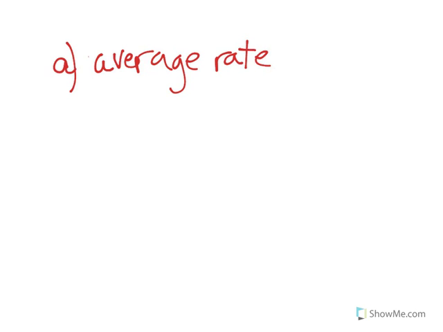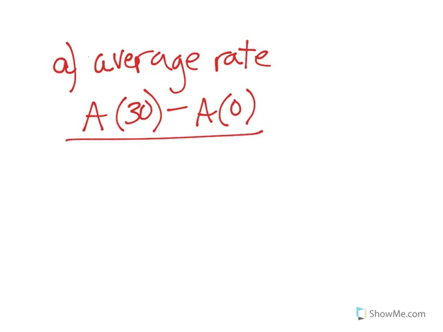I'm going to round it to the thousandths decimal. So on my page, we're going to complete the answer. Part A: we're going to find the average rate. The average rate is going to be A of 30 minus A of 0 over 30 minus 0, which is equal to negative 1.967.